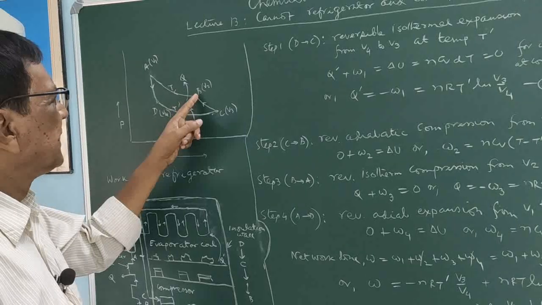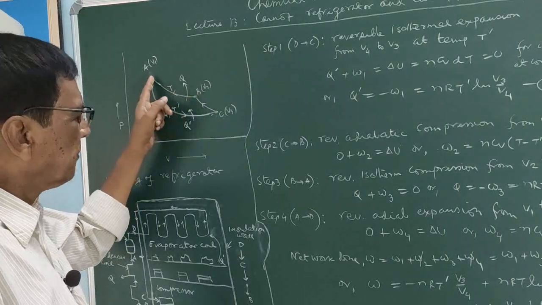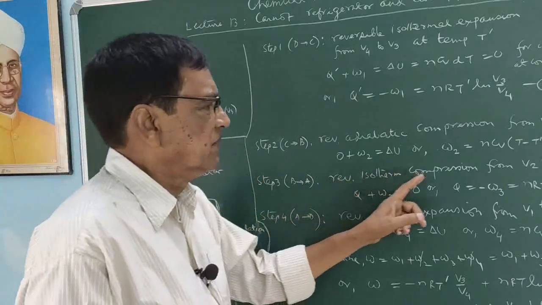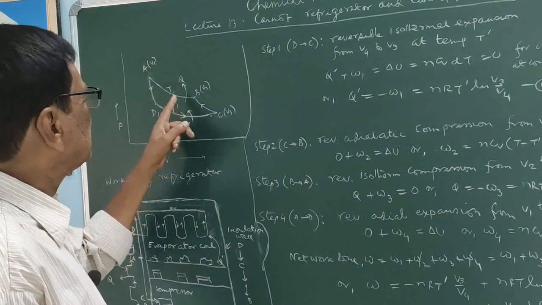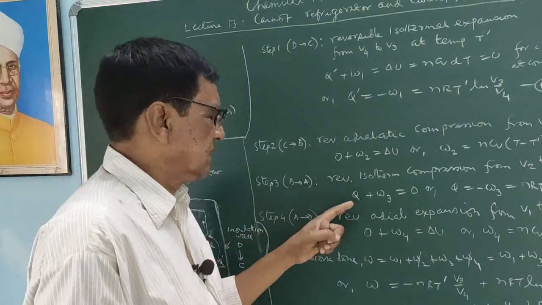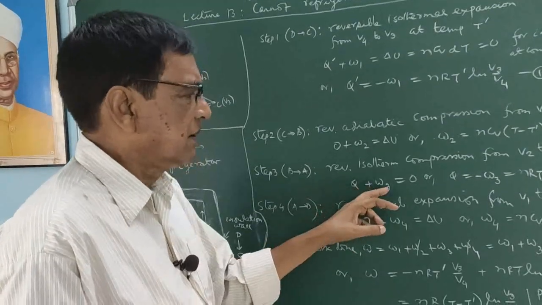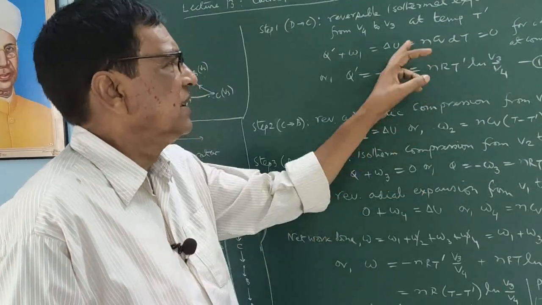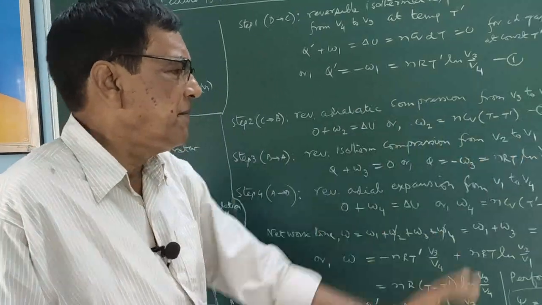It is again isothermal, reversible compression. Reversible isothermal compression from V2 to V1 at this temperature T. So in this case, the first law equation, Q plus W3 equal to 0, since delta U equal to 0 for the ideal gas at constant temperature.